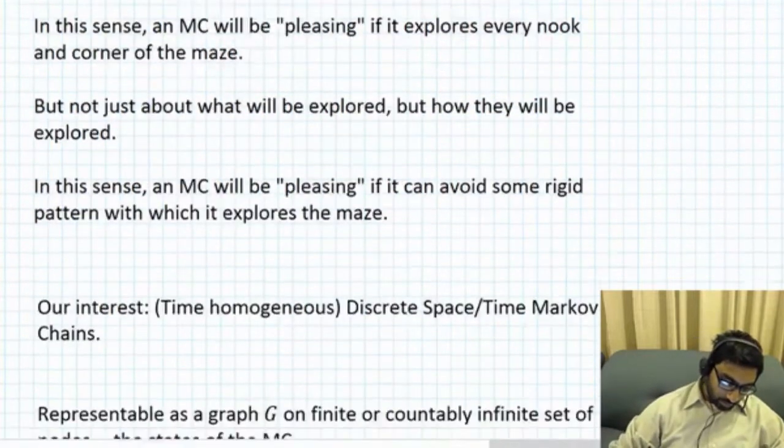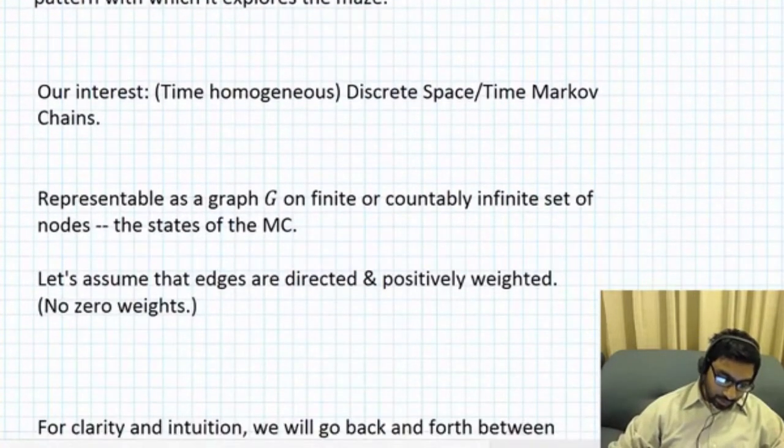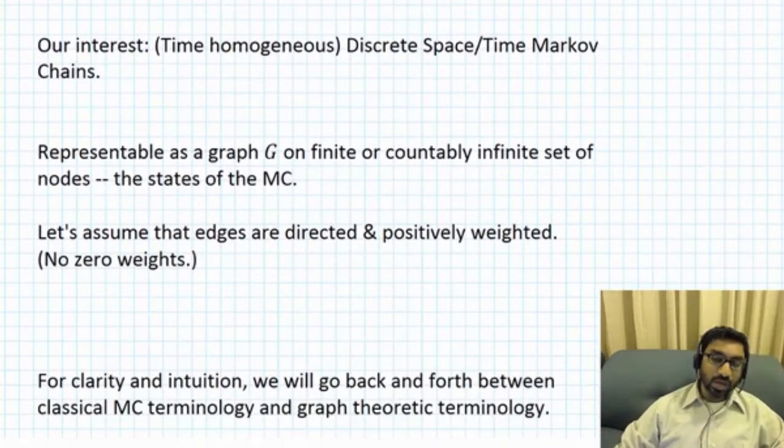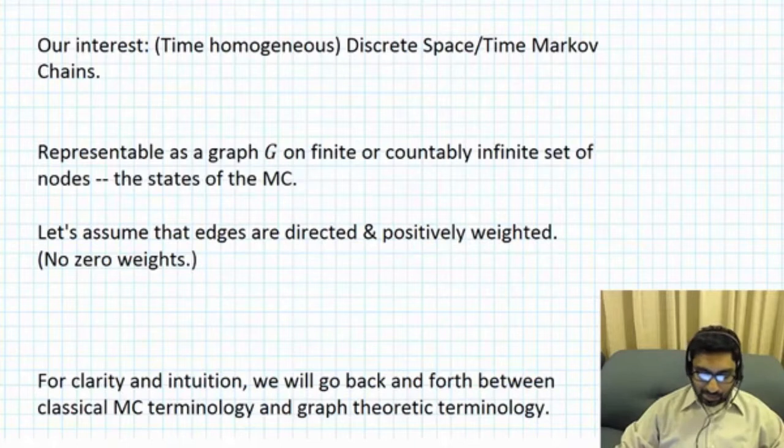Okay, so just to remind ourselves, we are interested in time homogeneous, discrete space, discrete time Markov chains. During this lecture, when we talk about a Markov chain, this is the type of Markov chain we are referring to, and sometimes we'll just shorten it to MC.